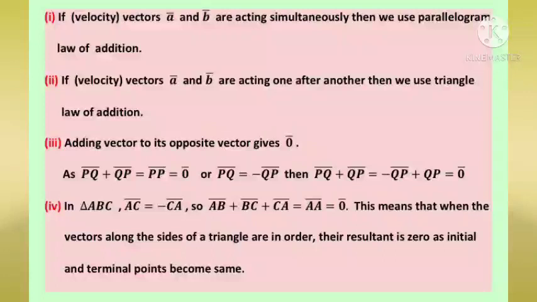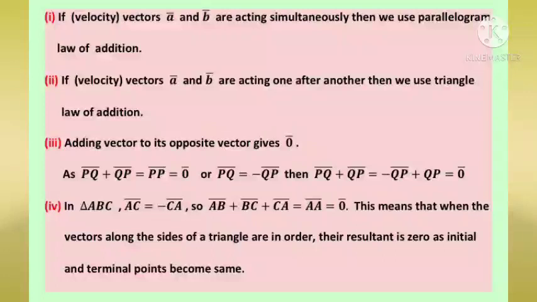Okay. Now go towards the sides of the triangle. If you add AB bar plus BC bar plus CA bar, what is AB bar plus BC bar? It is AC bar. Now AC bar is minus of CA bar. So minus of CA bar plus CA bar is equal to 0 bar. So what is the meaning of this note?